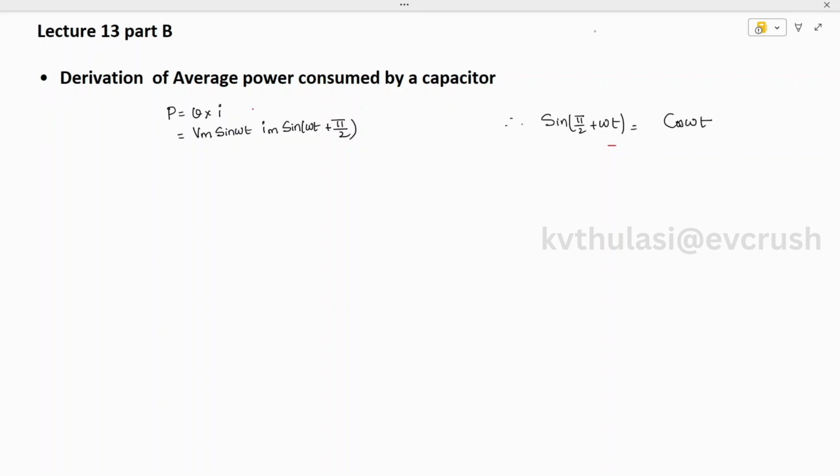Okay, so from here I can write Vm and Im as the common term, and here you are going to have sine omega t and 90 plus theta, all silver teacups. This is all silver, so we are starting with sine, therefore you are going to have plus, which is nothing but cos omega t.